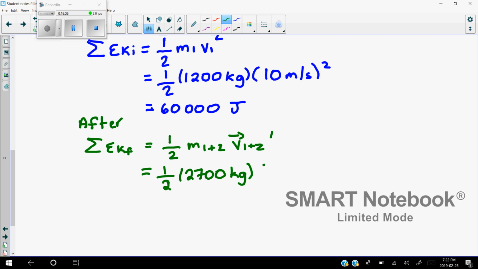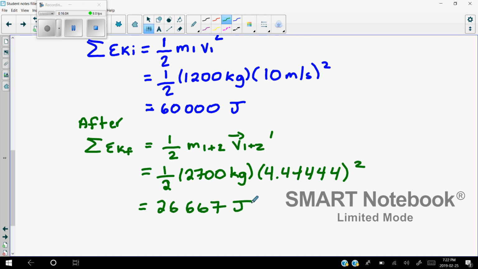And then v1 plus 2 we found to be 4.444. I'm going to leave a couple more sig digs here just to make sure we don't round too early, and then square it. So type that into your calculator. And we get 26,667 joules.